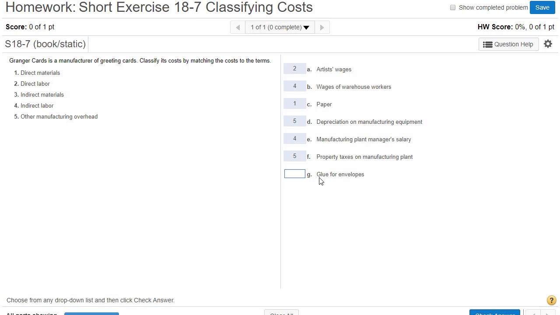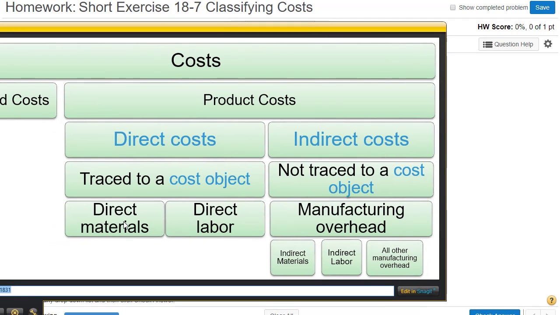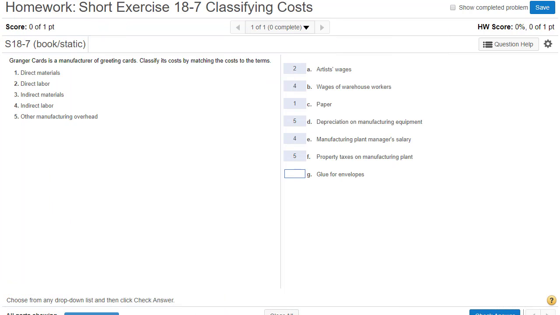And then we have glue for the envelopes. Now glue for the envelopes, these are a product cost, and it is a material for the greeting cards. So we have to figure out, is it a direct material, which means it can be traced directly to a certain greeting card or a batch of greeting cards, or is it indirect material which cannot be traced to a specific batch of cards?